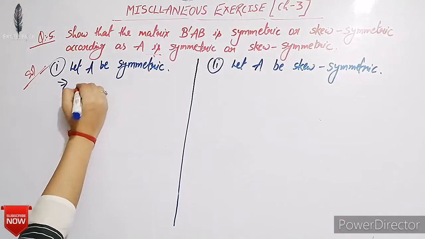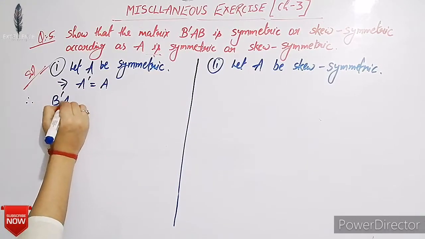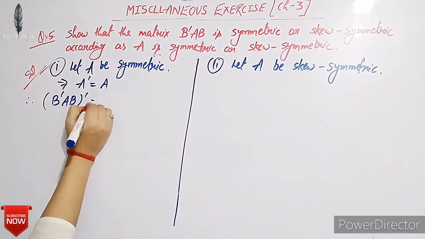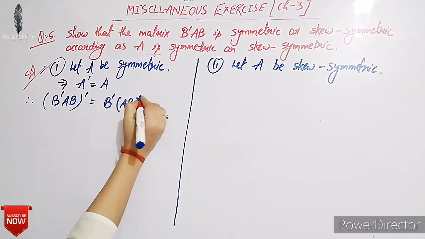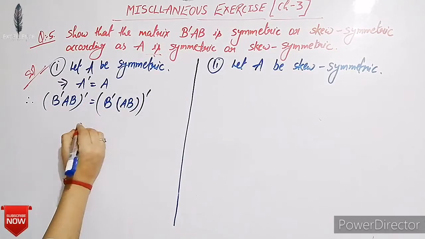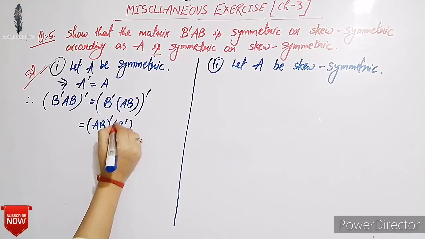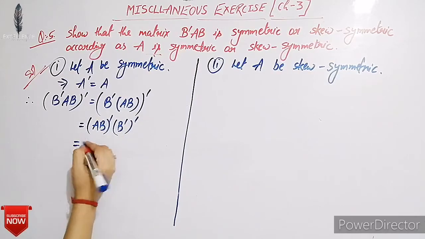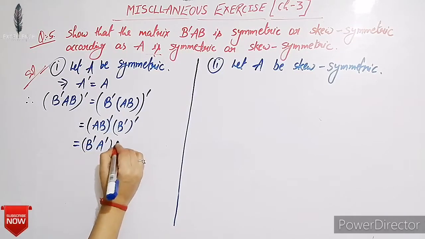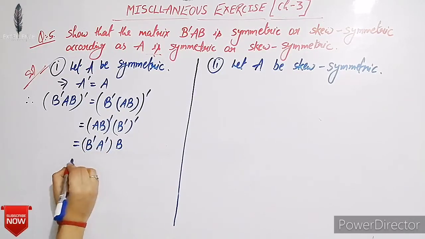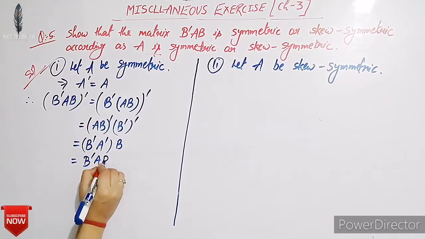If A is symmetric, then A' equals A. So here (B'AB)' equals B'(AB)', that is (AB)'B'', so it is equals to B'A'B'' where B'' is equals to B. Now put the value of A', then we get B'AB.